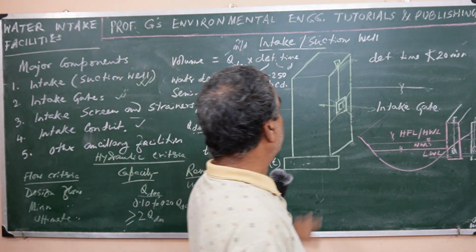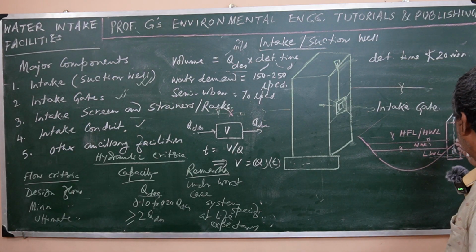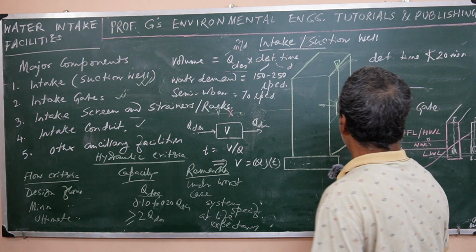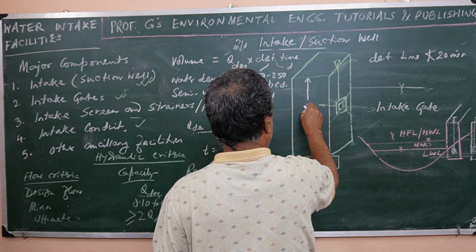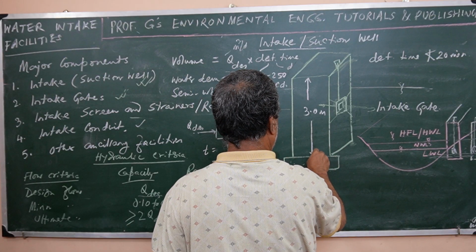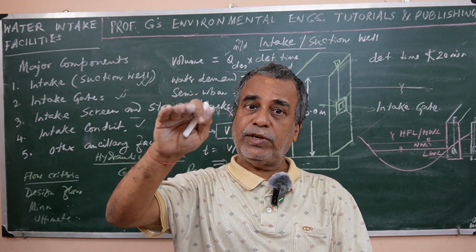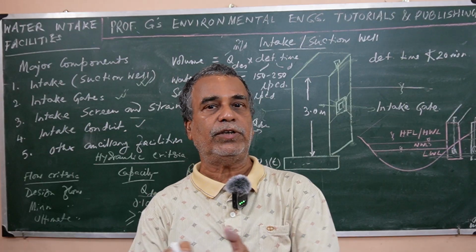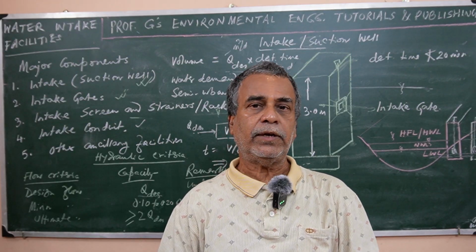Then the intake tower depth is to be decided based on the water level, but the minimum recommended depth is 3 meter. That means you have to get a water column of 3 meters or so inside the intake or suction well. Accordingly, you have to place your intake well with respect to the river bank, right?